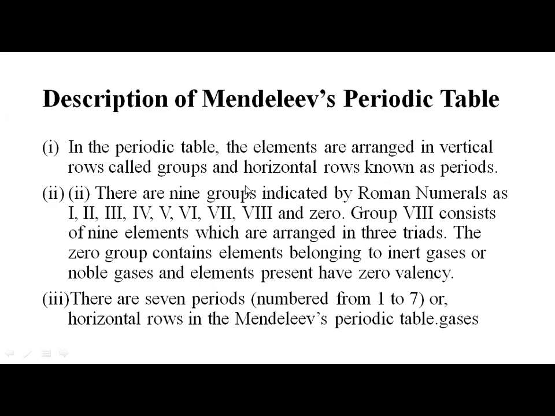So there were 9 vertical columns in Mendeleev's periodic table, numbered with Roman numerals 1 to 8 and 0.